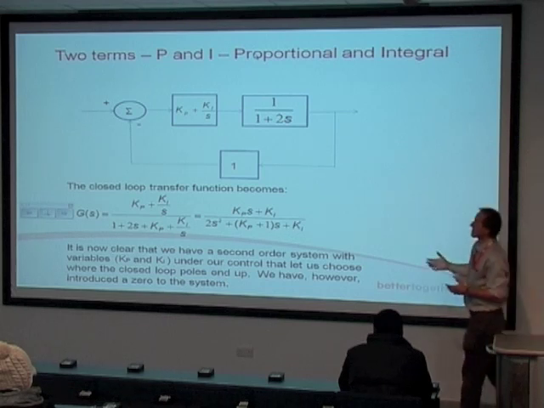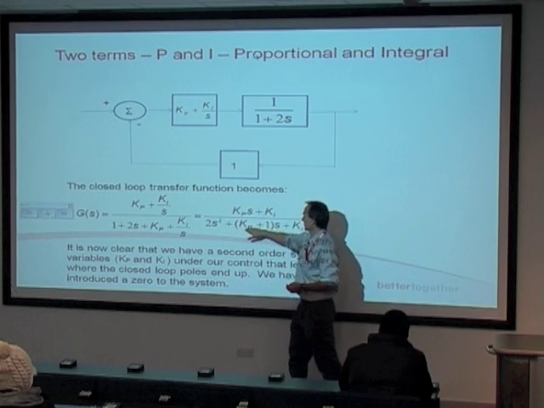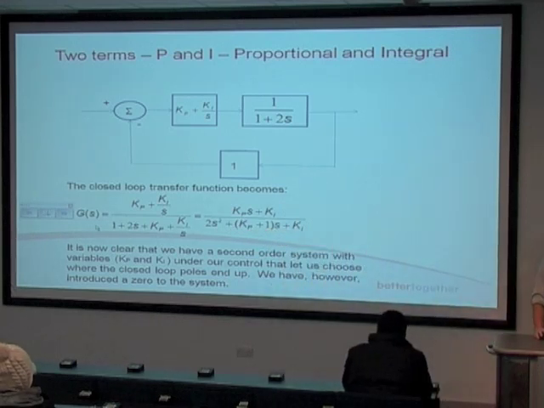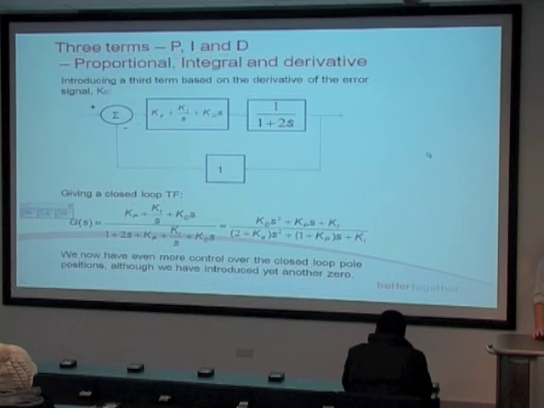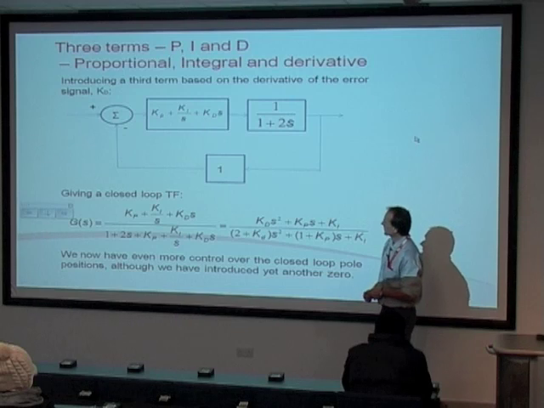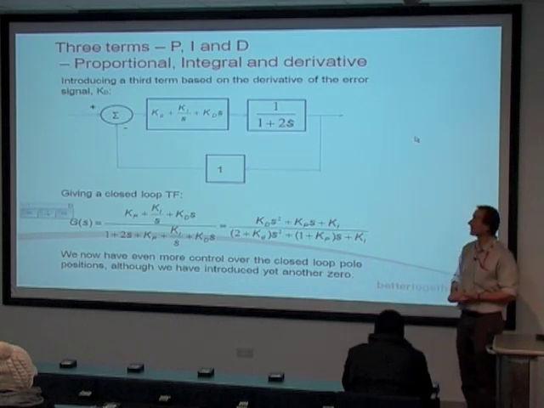Okay, so we've now introduced two terms, and we've got full control over the pole positions. And let's move on then to the third control function, which is a differential term.